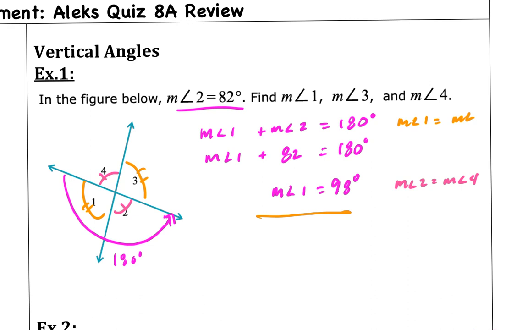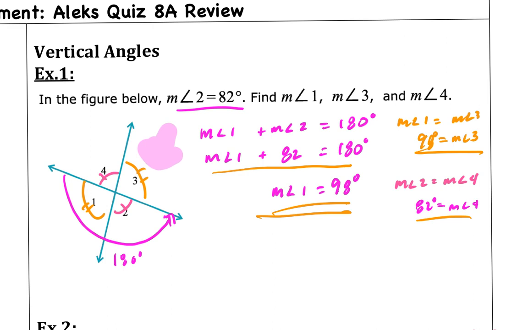We had to show that we could solve, right? We're setting up an equation, and then we're solving. Then we could just use the principle of vertical angles to determine these. Really, showing your work is as simple as doing that and writing vertical angles.